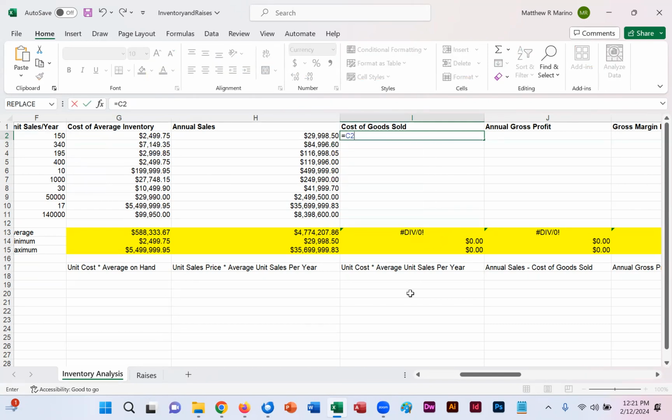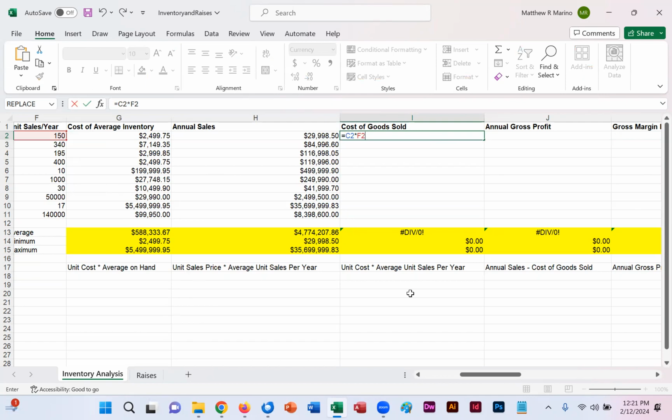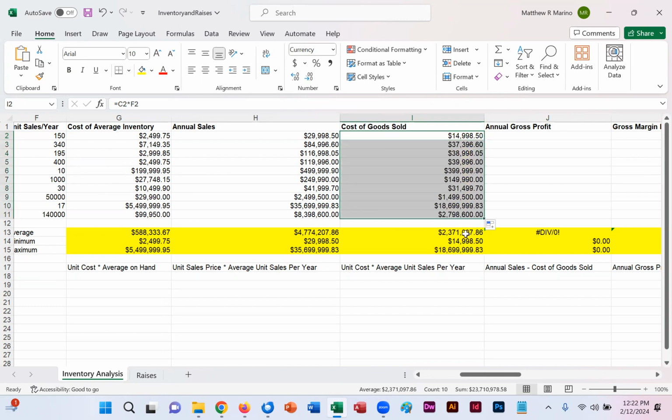So unit cost is in column C, multiplied by our average unit sales per year in column F. When we hit enter, we have an answer, a little under 15,000. And again, our average, min, and max all reflect that one number because that's all we have. So we click back in, auto fill down, and now we have a correct average, min, and max.